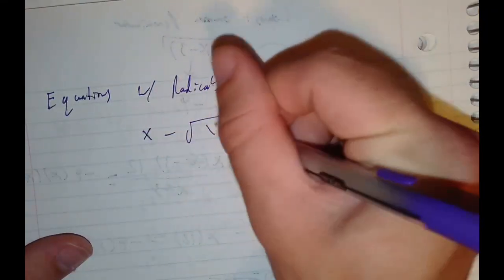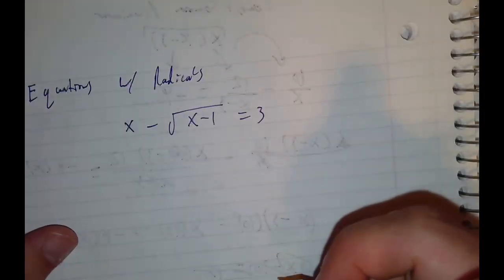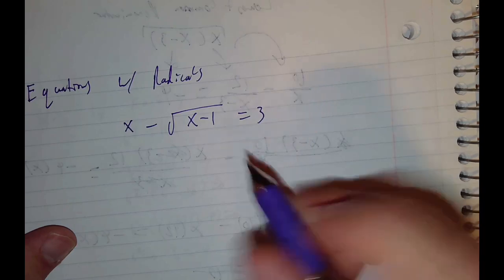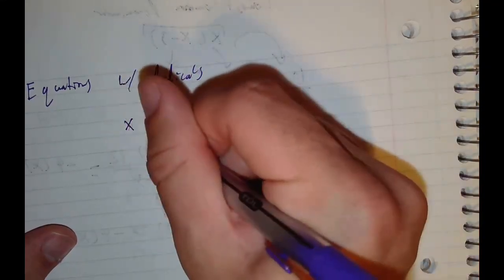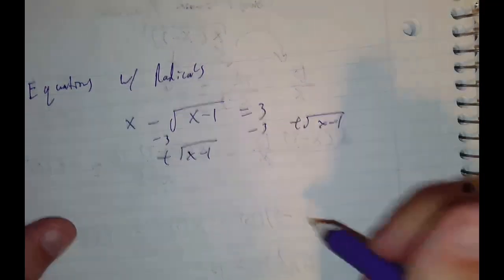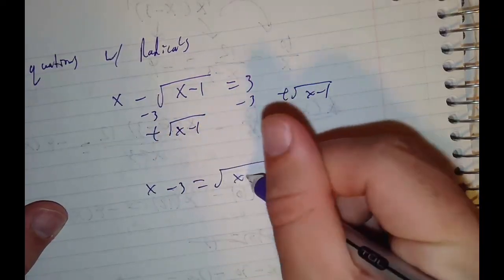Okay, so the example given is x minus root x minus 1 equals 3. We are going to get the radical alone. So I'm going to subtract 3, and I'm going to add the radical, so plus root x minus 1 on both sides. So we'll rewrite this as x minus 3 equals root x minus 1.